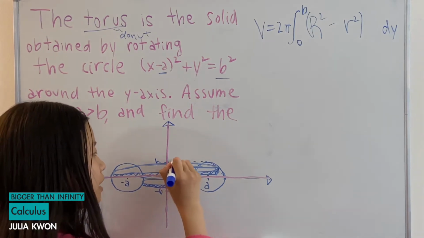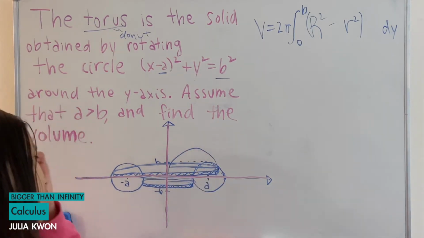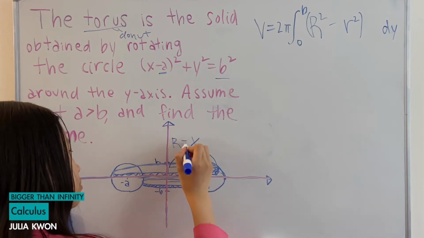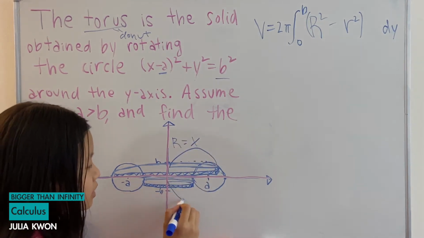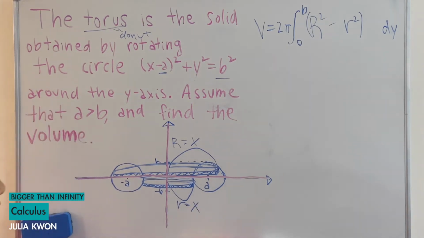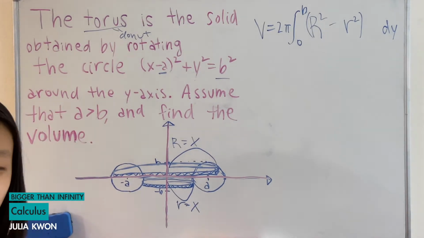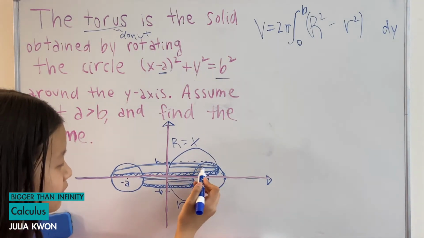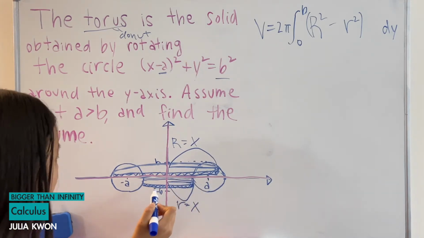And the radius in the bigger disk is x. But notice that the radius of the smaller disk is also x. So does that mean that the two radius lengths are the same? Well, it's obviously not, right? This length is a lot longer than this one.